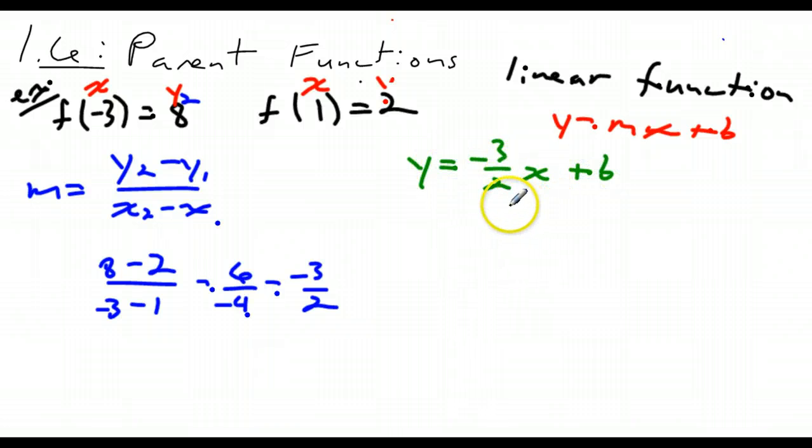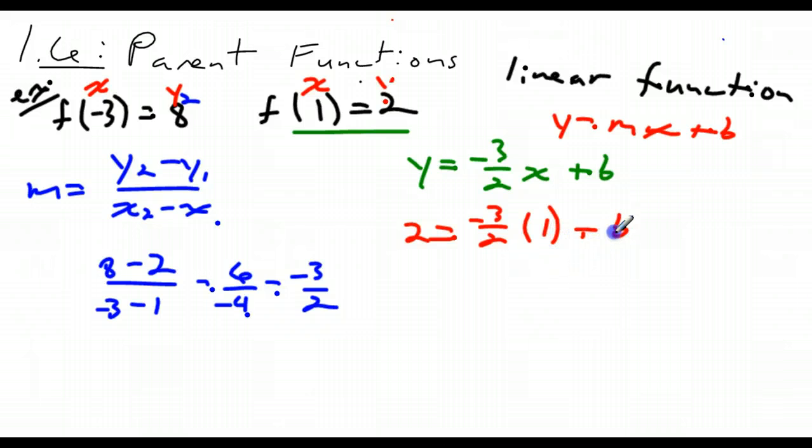And now we just need to find the b. So take one of your points, plug it in, say I choose this point, and I'm just going to put it in and substitute for x and y. So if I substitute this in for x, I have a 1 and I have a 2 for y, so 2 equals negative 3 halves times 1 plus b. Well, negative 3 halves times 1 is still just negative 3 halves, so I can add 3 halves, which is the same thing as 1.5, so plus 3 halves goes to 0 on that side.